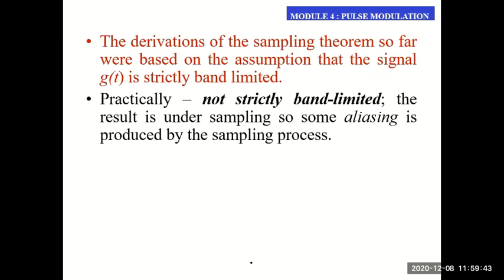But practically, it's not possible to have strictly band limited signals, and the result is under sampling. So if you don't have properly band limited signals, we have something known as undersampling, and we have another effect called as aliasing effect. Let's see what is this.